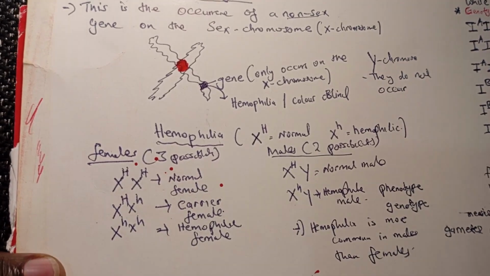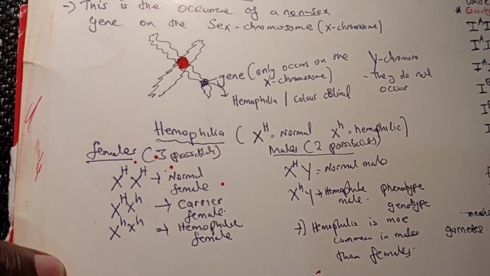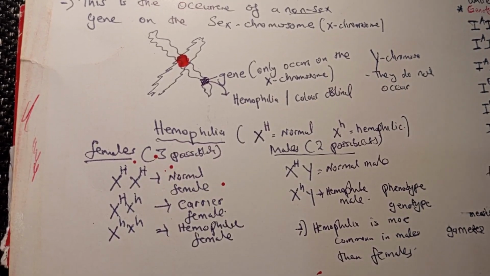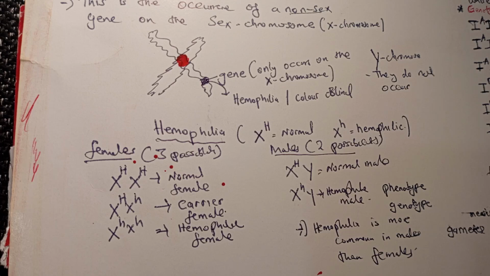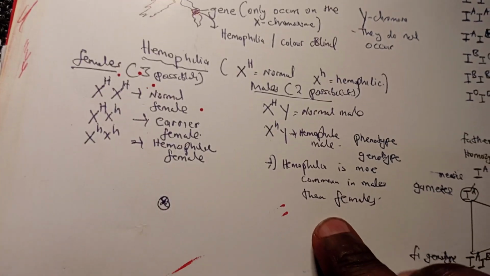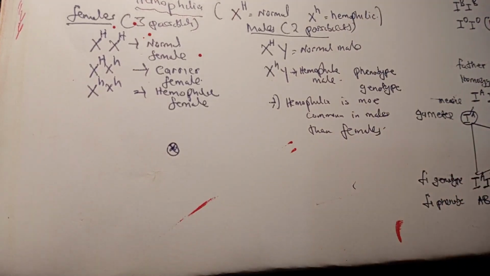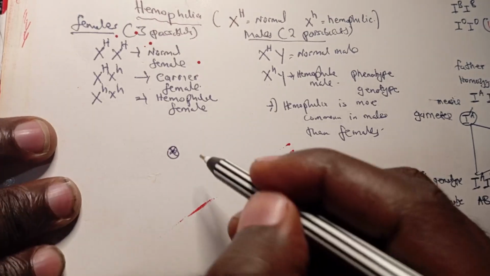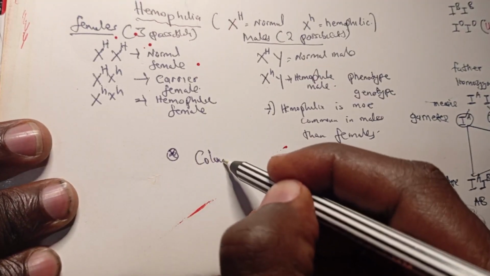And now we're talking about hemophilia. What is hemophilia? It's a blood disorder where a person is missing some clotting factors, and this causes them to have prolonged bleeding. This is the same thing that takes place in color blindness.